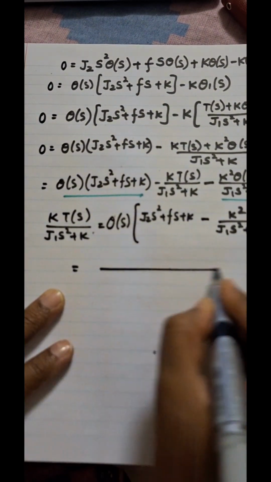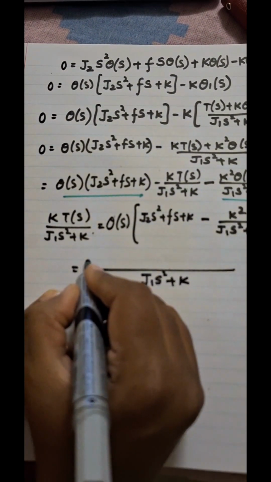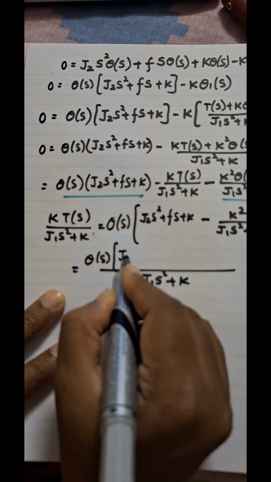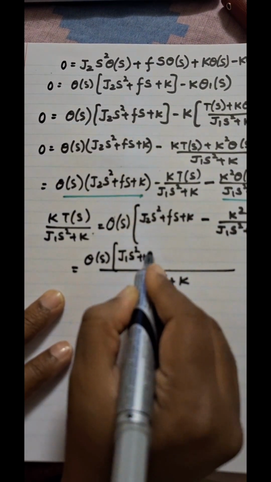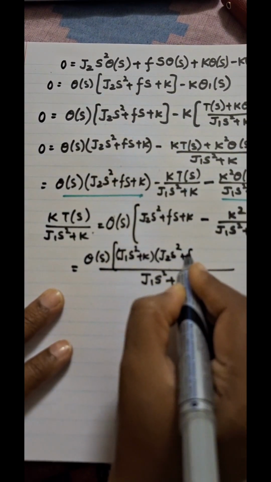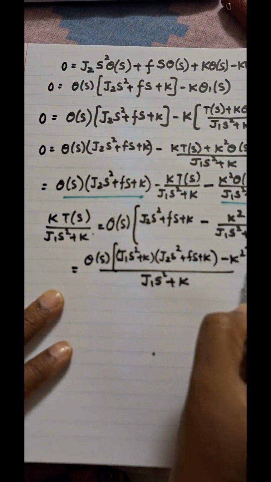So this is equal to LCM J1 s square plus k. So theta of s will be theta of s only, into J1 s square plus k into J2 s square plus fs plus k minus k square.